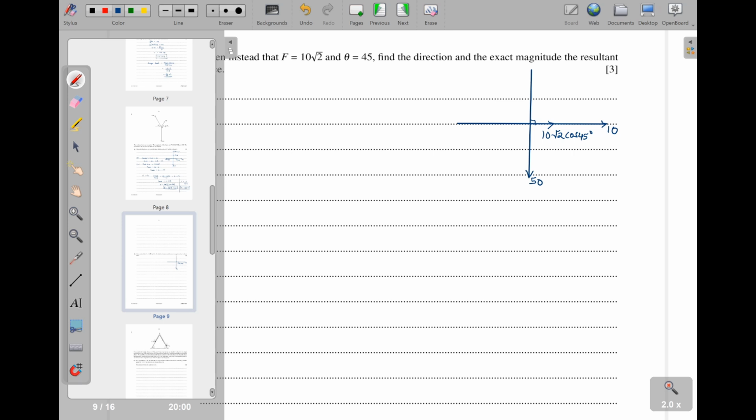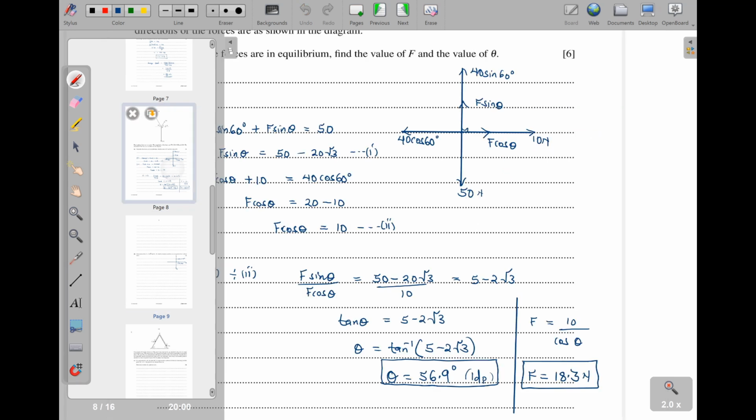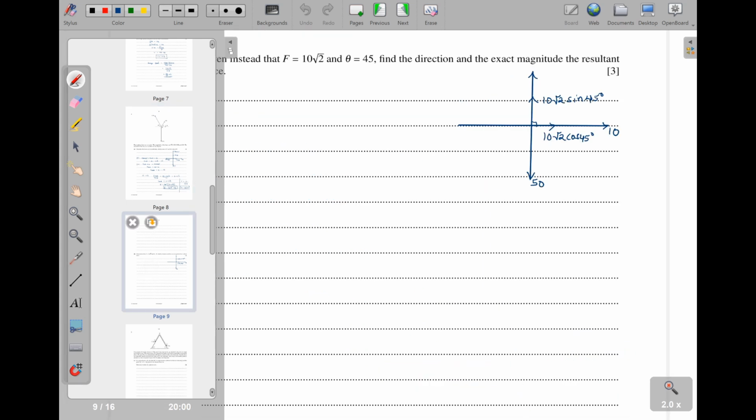And then up here we shall have 10 root 2, that is F sine theta, which theta is 45. And then up here we were having 40 sine 60. Okay, so that angle remained 40 sine 60.